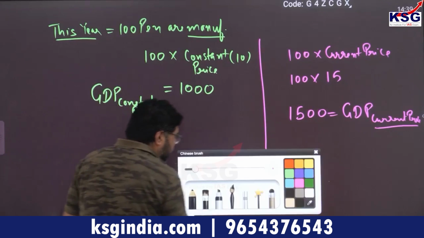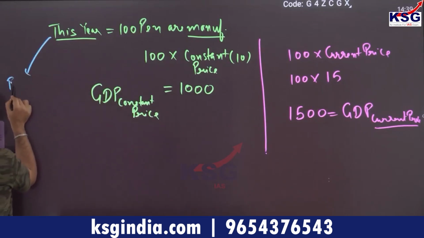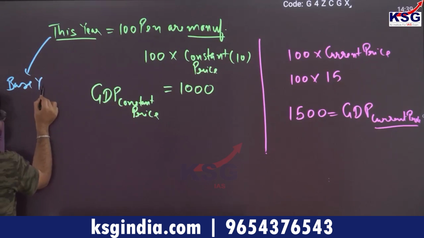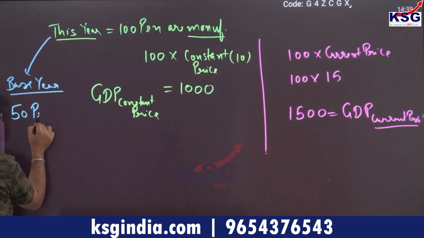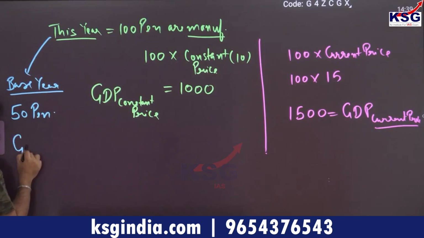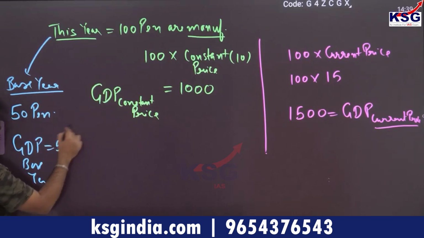Now if I talk about base year also. For example, in base year 50 pens are produced. So we can say the GDP of base year is 50 into the price in base year.